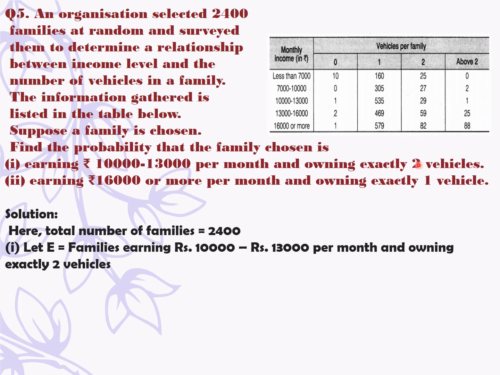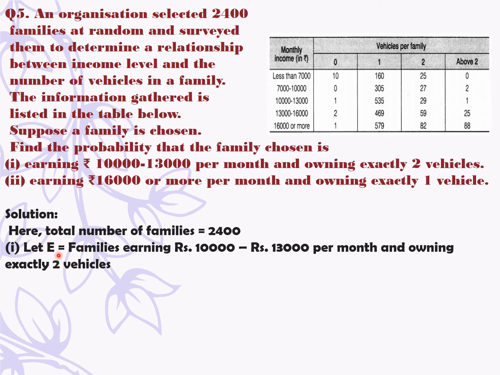For part 1, since the name is so long, let us write it down as an event. Let the event E be families earning rupees 10,000 to 13,000 per month and owning exactly 2 vehicles. That is the statement.